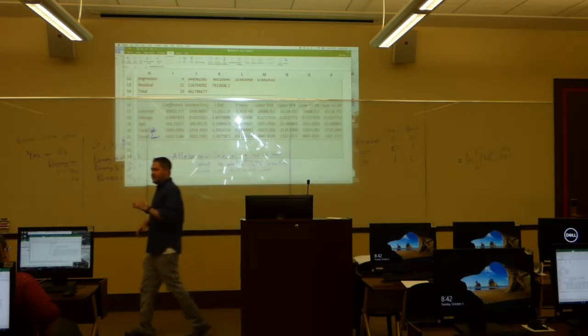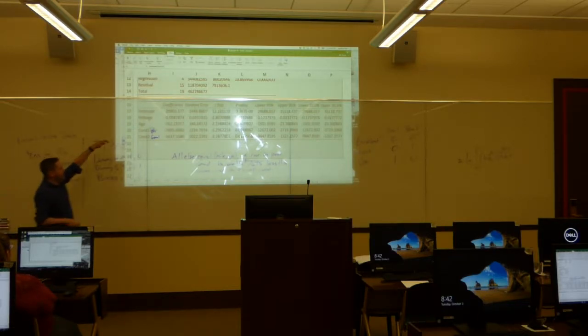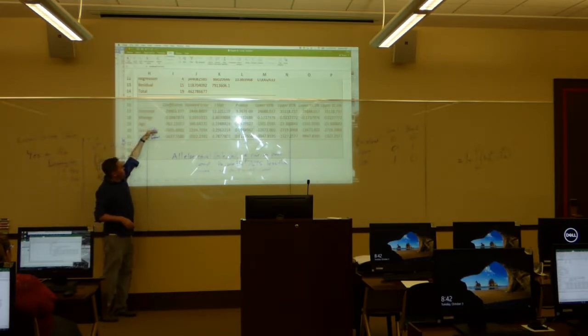Everything is relative to the 0, 0. All else equal, and by all else equal I mean the mileage and the age, a car in poor condition is worth $7,695 less than a Camry with the same mileage and same age but is in excellent condition.